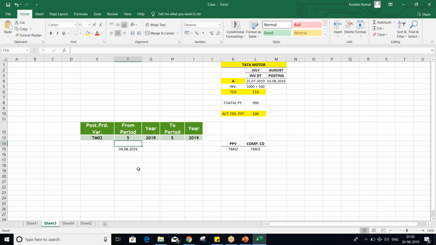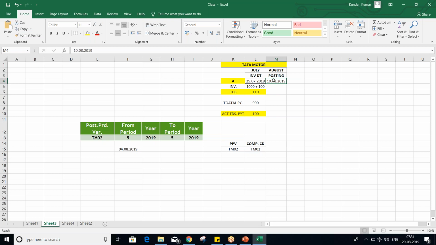So now on 4th, it's closed. Now this fellow has realized on 10th of August, and is trying to post the transactions on 10th of August.